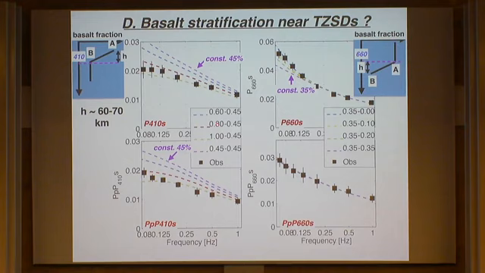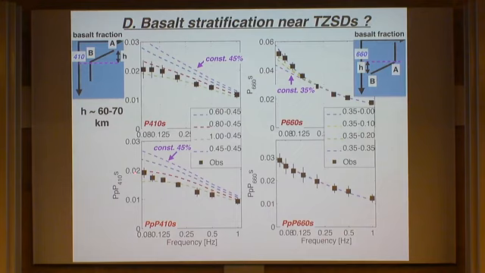If you look at the red line, the basalt fraction increases from about 40-45% to a lot more at relatively shallow depths, within about 60 to 70 kilometers. The same thing applies for the different phase, so this is for the topside reflection.